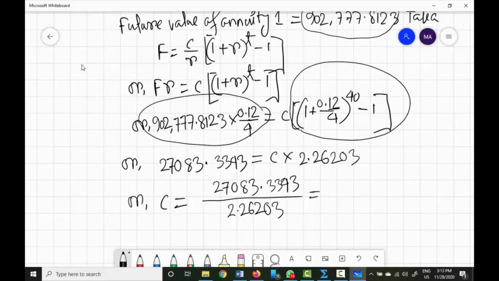Right, so if you divide 27083.3343 by that and press the answer button, you will get 11972.9804 taka.